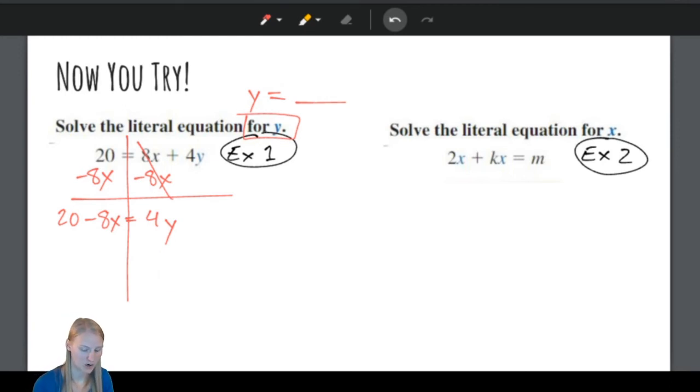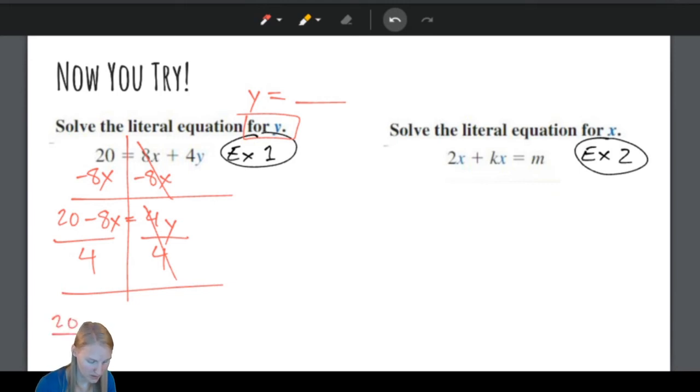Now this right here is 4 times y, so we will divide by 4 on both sides. That gets rid of that 4, and now we have 20 divided by 4 minus 8 divided by 4 times x. And that is equal to y. Whoops. And I wrote it this way because remember that we can split this up.